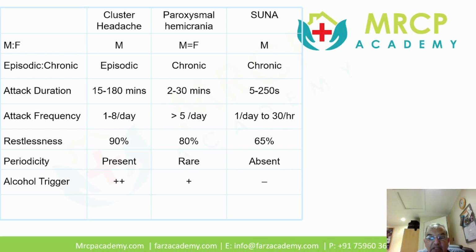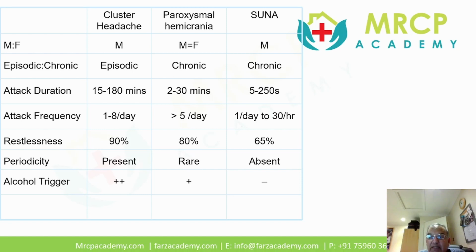The cluster headaches, as mentioned, can be up to 3 hours and vary in duration, but not more than that. They can happen more than once in a day. They produce a lot of restlessness, and alcohol is a trigger for them.